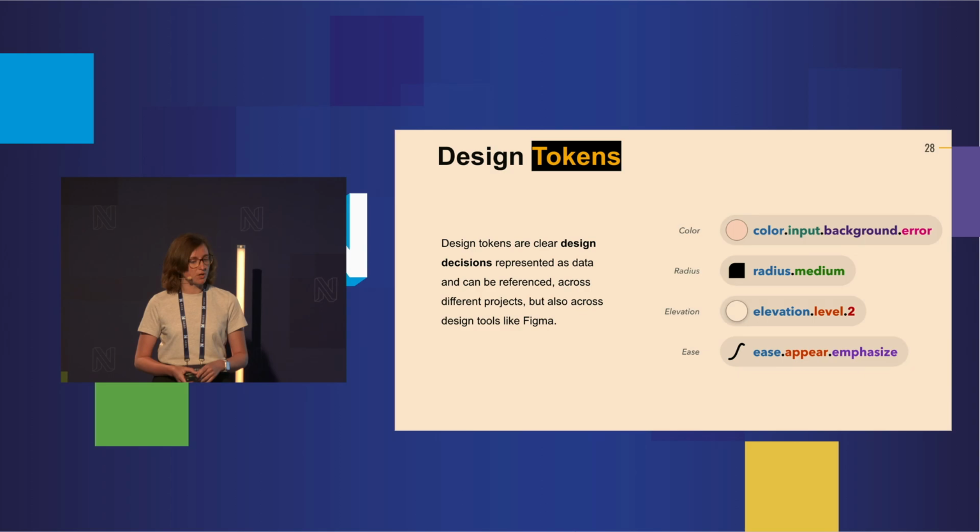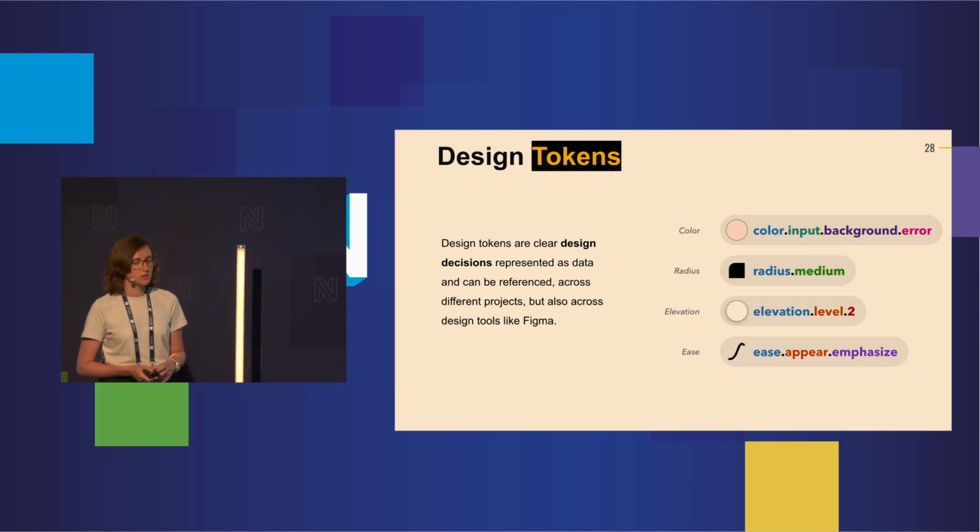And the smallest part of this connection to design are design tokens. Design tokens are our basic building blocks of how a brand looks. It's the definition of the color, but not just the 5 main colors, also all of the background colors, all of the border colors, all of the text colors, and how that color behaves when you hover it, when you focus it. You can define all of these through design tokens.